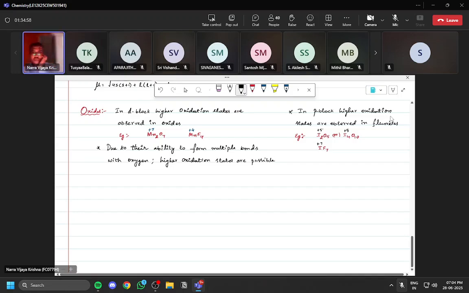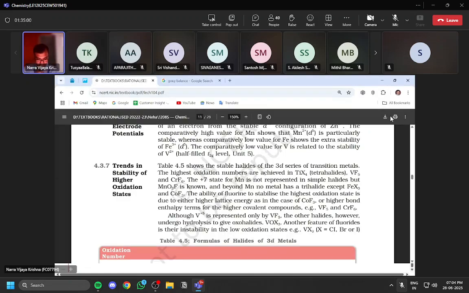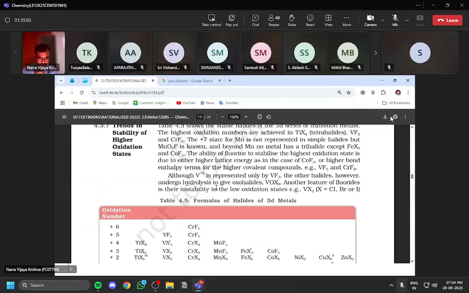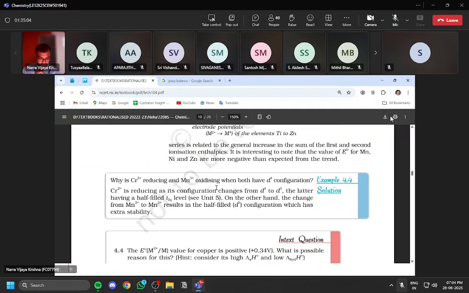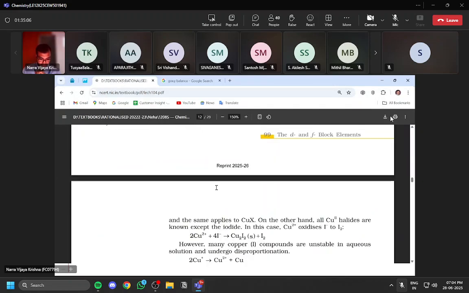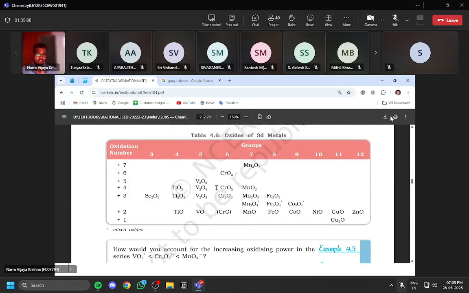Observe this table. Scandium shows the +3 state. Titanium +2, +3, +4. Vanadium +2, +3, +4, +5.